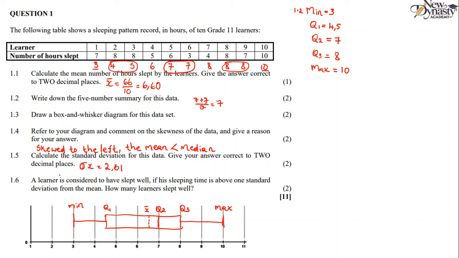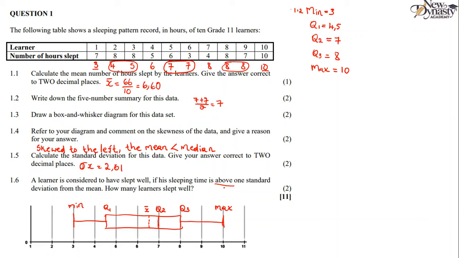And the next question says, a learner is considered to have slept well if his sleeping time is above one standard deviation from the mean. How many learners slept well? Learners tend not to understand exactly what they need to do at this point with this type of question. So please make sure that you read this question and understand what the examiner is trying to ask you in this case. So it says above one standard deviation.